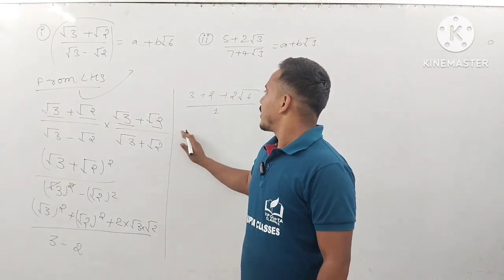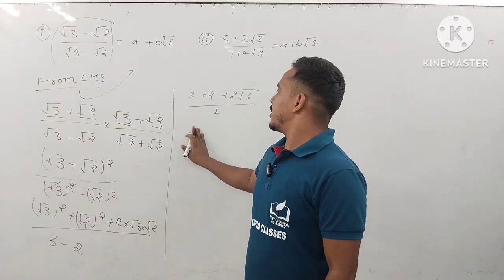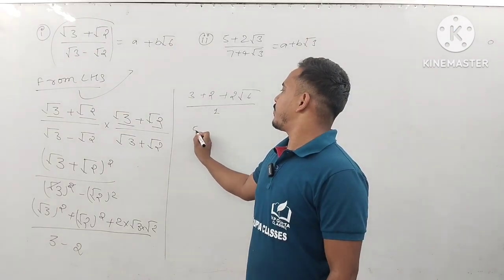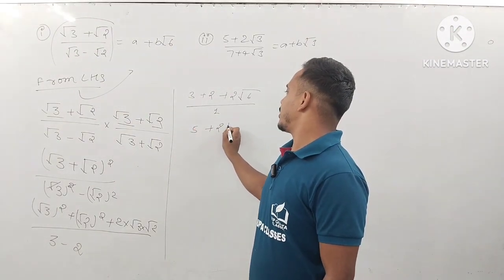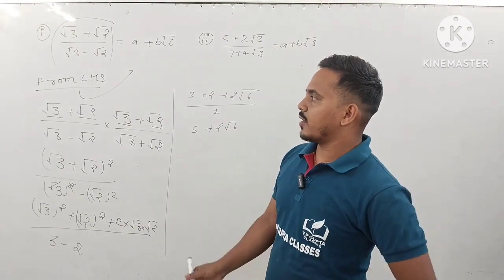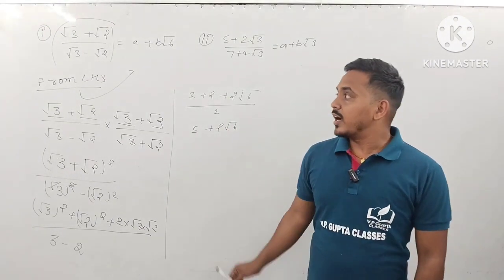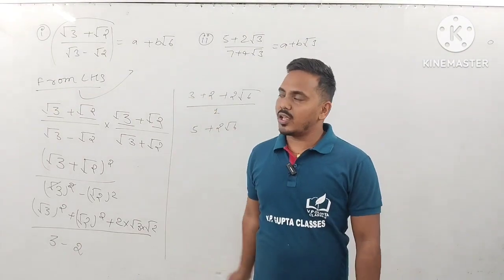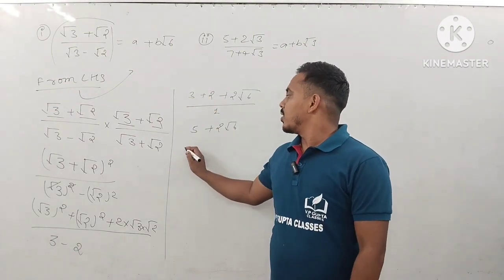Adding 3 and 2, we have 5 plus 2 root 6. This is our LHS, and it is in the form of a plus b root c.